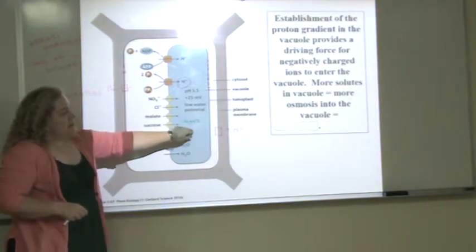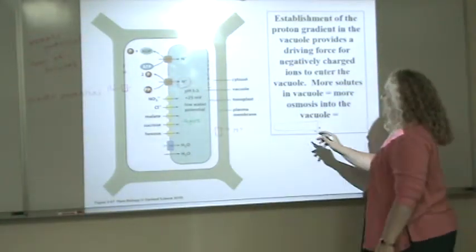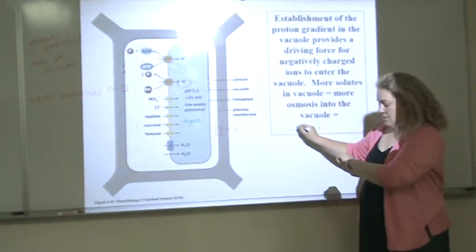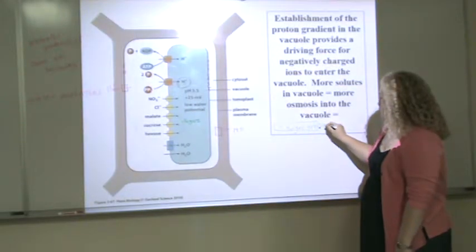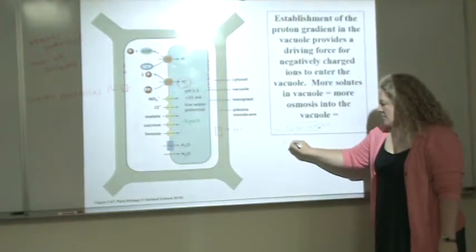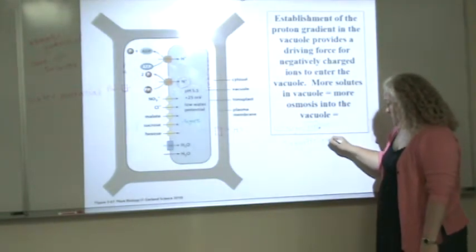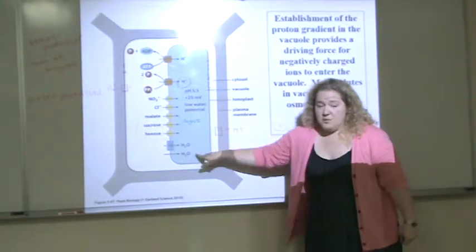So we've got more solutes here, there's more osmosis into the vacuole, and there is higher turgor pressure. There is higher osmotic potential. There has to be if water is moving this way.